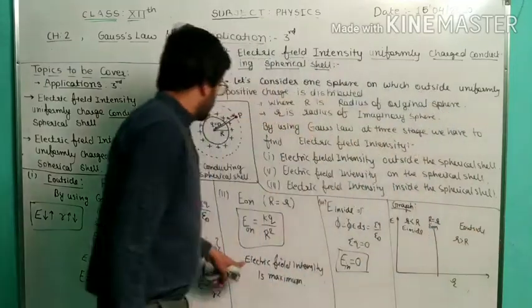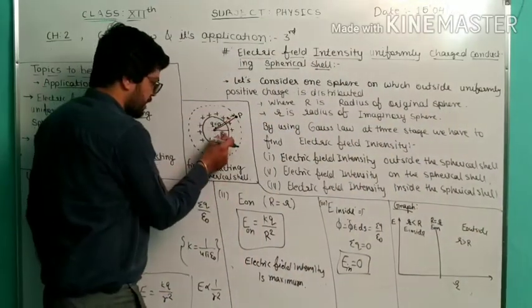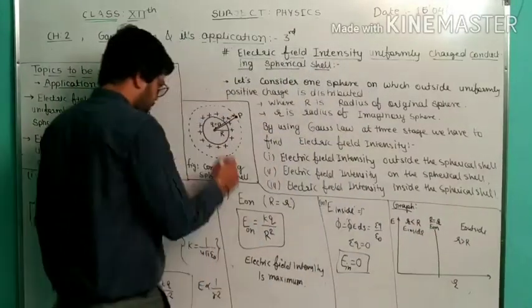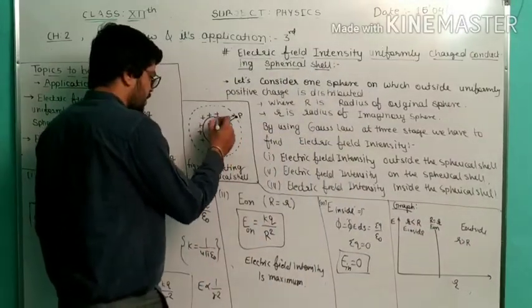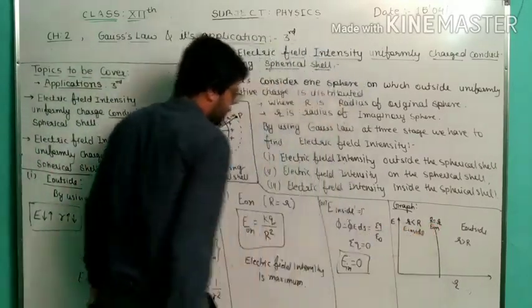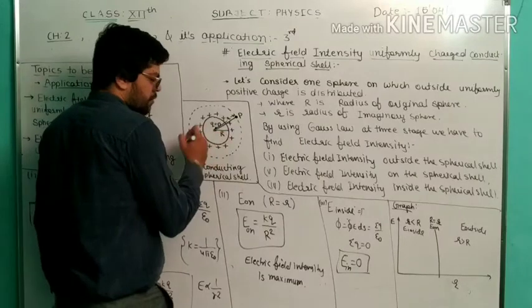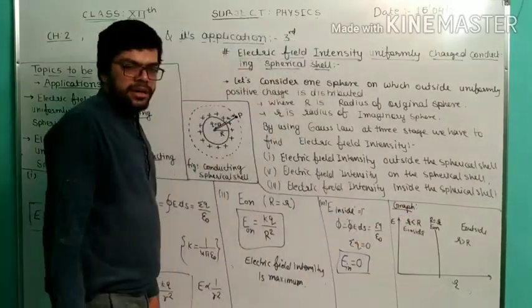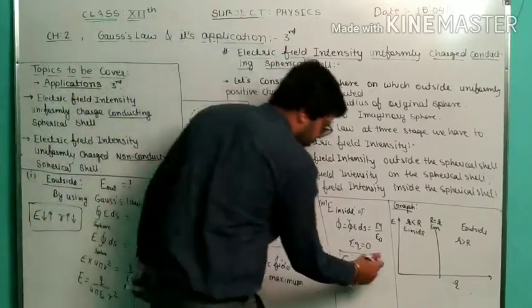You can see that outside, small r is greater than capital R. On the surface of the sphere, small r is equal to capital R. Inside the spherical surface, E inside, small r is less than capital R, so E inside is 0.